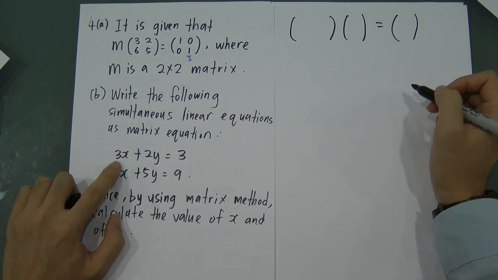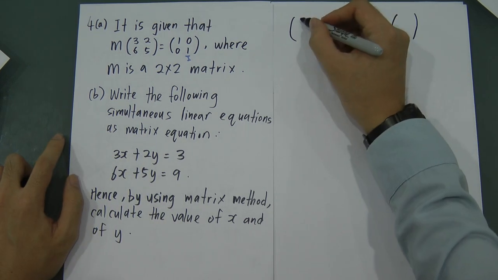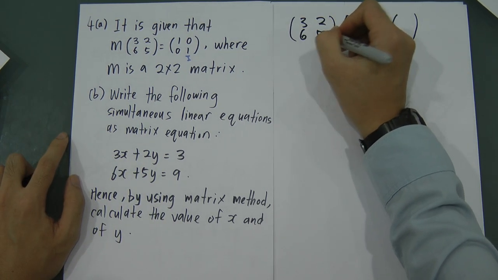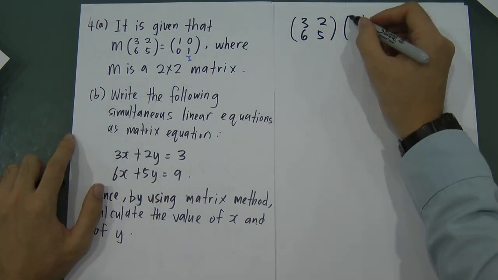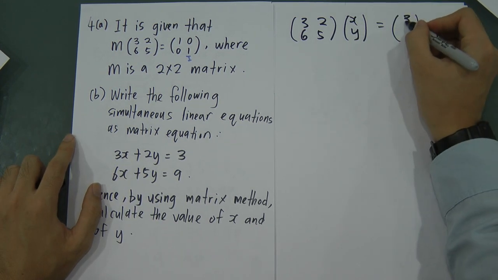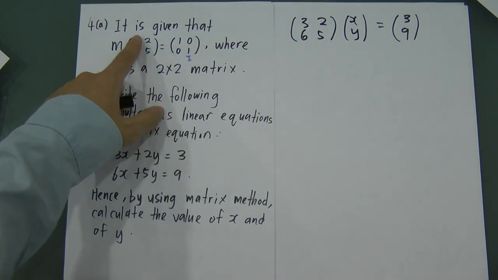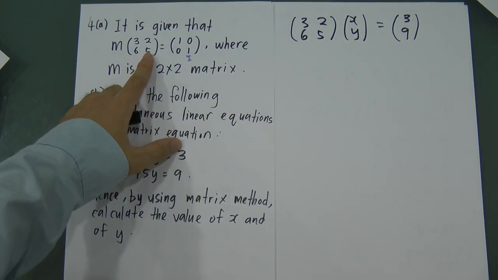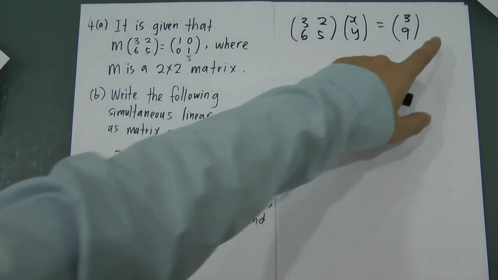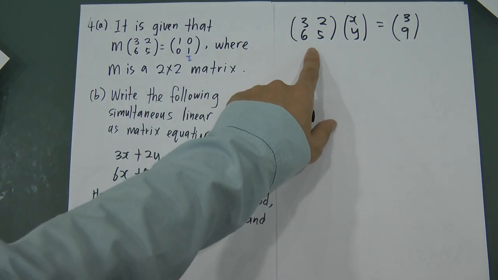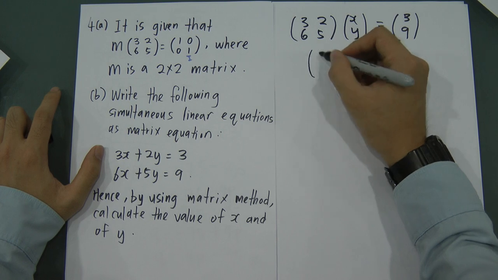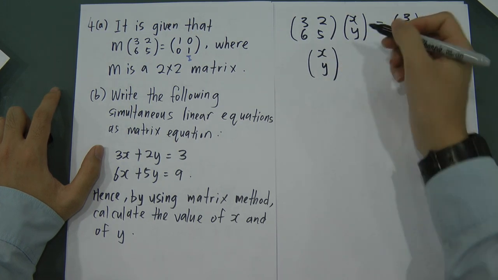So the numbers will be 3, 2, 6, 5, and then x, y, and then 3 and 9. So over here you will see 3, 2, 6, 5 is actually the same. So if I move this matrix to the other side, I will get the inverse of this matrix. Correct or not?